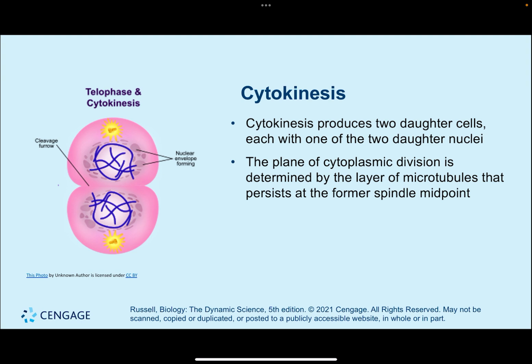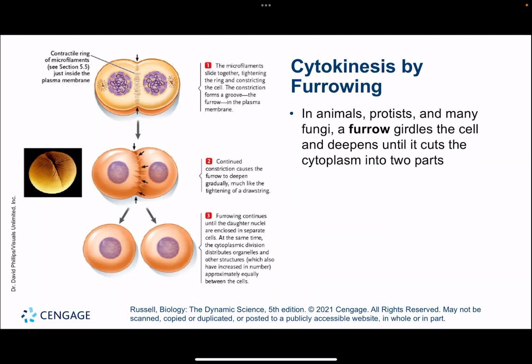The plane of cytoplasmic division, the location where cytokinesis will cut the cell in half, is determined by the layer of microtubules that persists at the former spindle midpoint. Usually the metaphase plate is also the plane for cytoplasmic division.